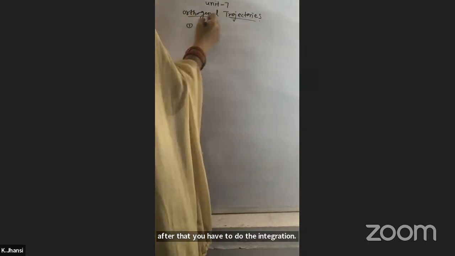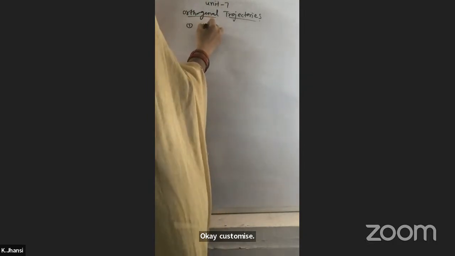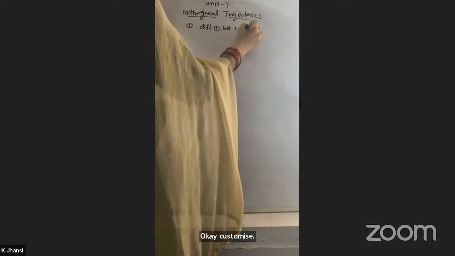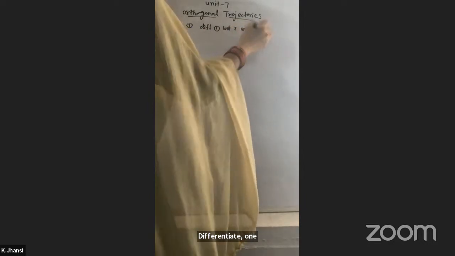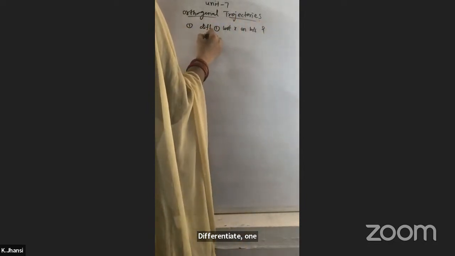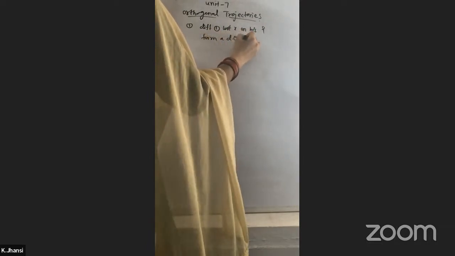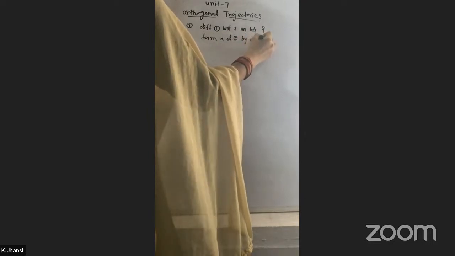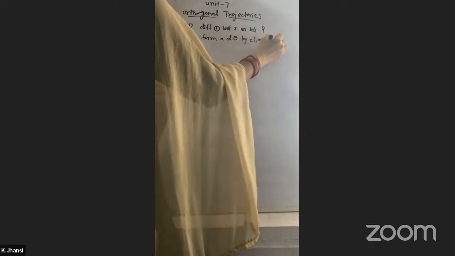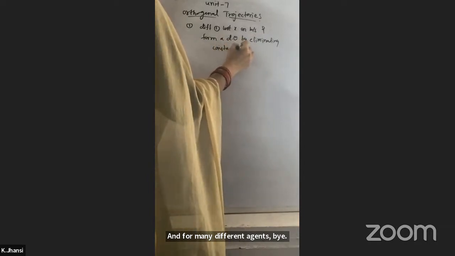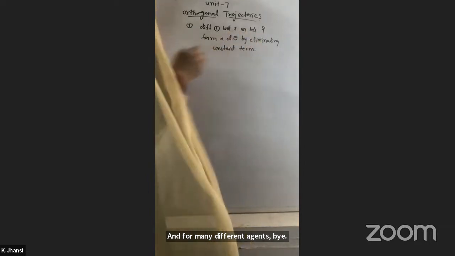First one is differentiate (1) with respect to x on both sides and form a differential equation by eliminating the constant. Okay.